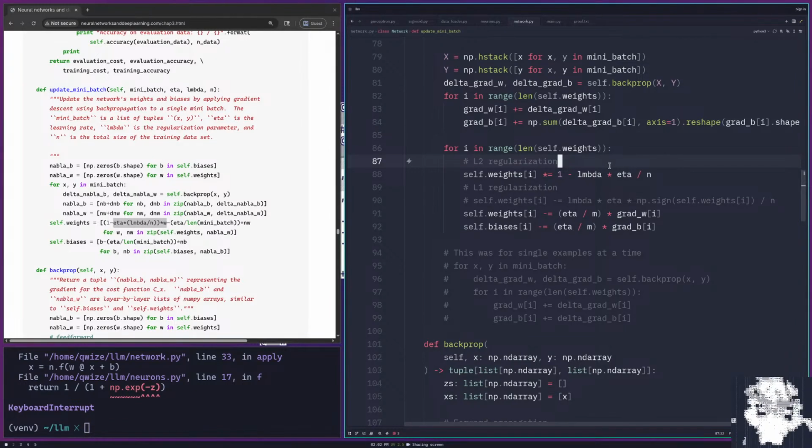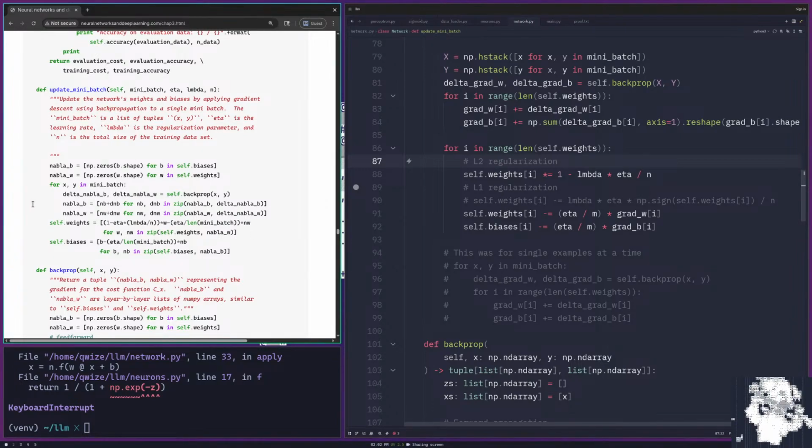Yeah. So he is doing it in a different way than, I mean, it's the same thing, but he's using list comprehensions for some reason to do all of the layers at once.